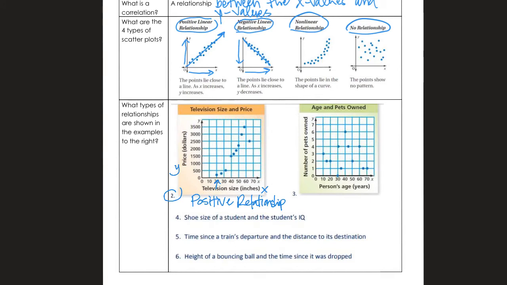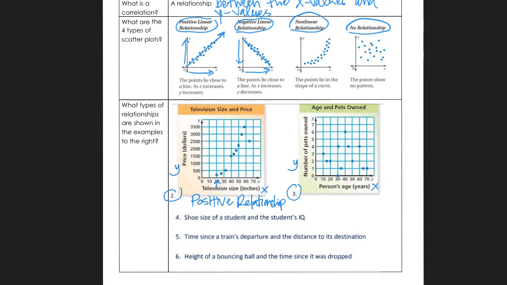Okay, so let's look at our next graph. This green graph is talking about a person's age, that's our x value, it's on the x-axis, and the number of pets they've owned. As you can kind of see, there's no pattern because someone that's 30 has had no pets, whereas someone who's 10 has had 3 pets, someone who's 40 has had 6 pets, someone who's 70 has only had 1 pet.